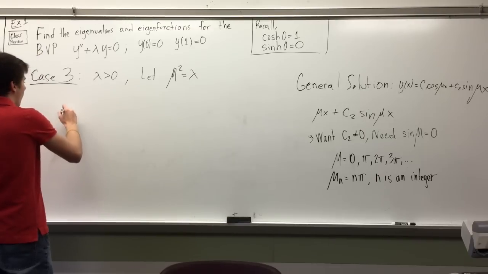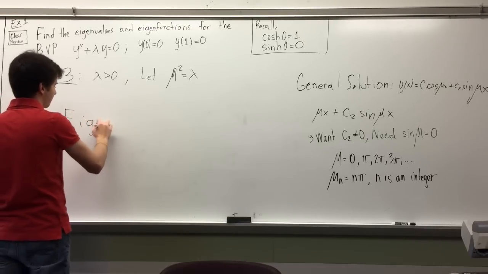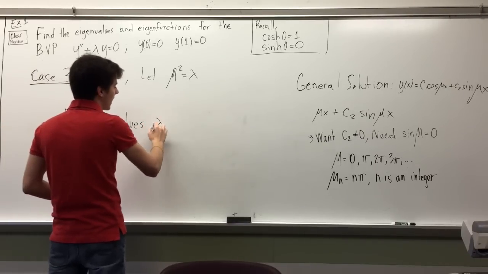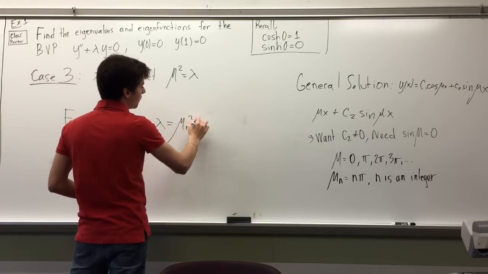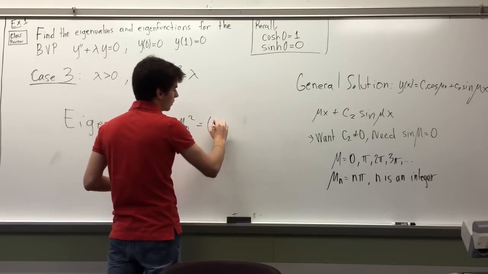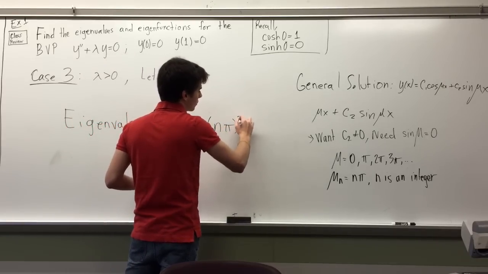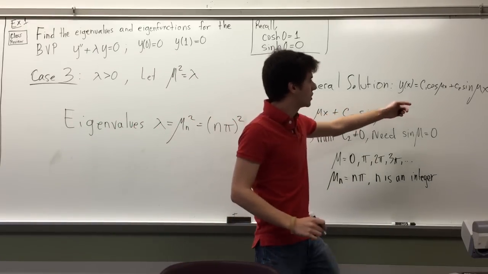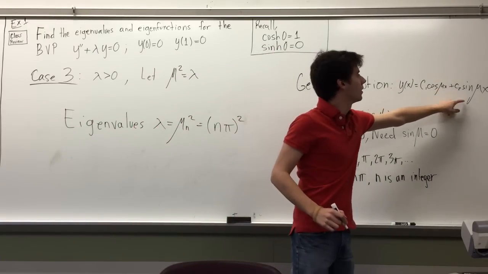So our eigenvalues, lambda is equal to mu of n squared, which is equal to n pi squared. And for our eigenfunctions, we're just going to plug in our values of mu here.